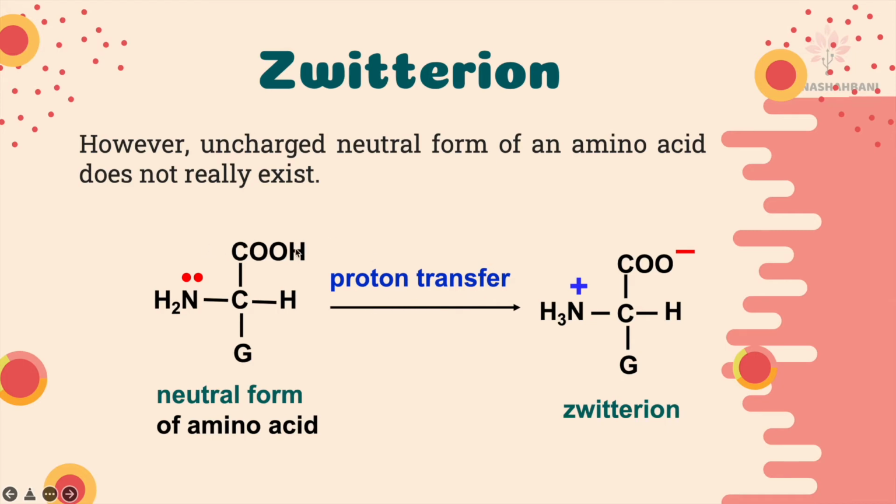The hydrogen of the carboxylic acid is given to the amino part, which becomes an ammonium ion. This is the zwitterion. Usually amino acids exist like this after the proton transfer, containing both positively charged and negatively charged parts.